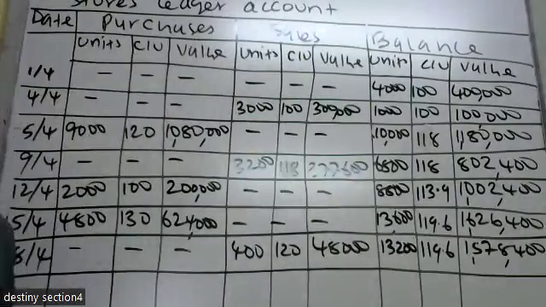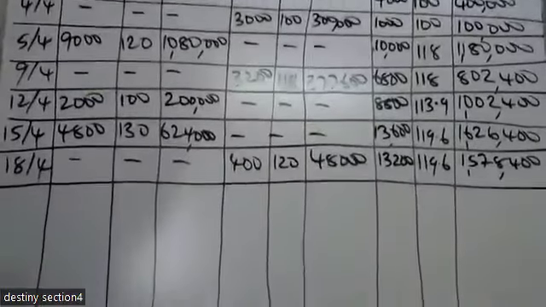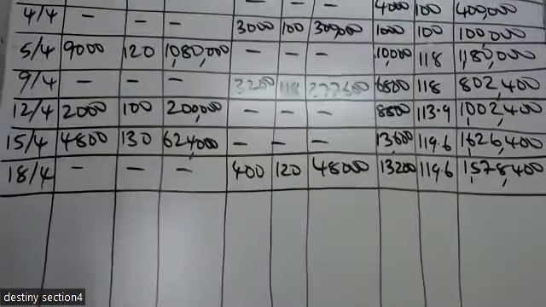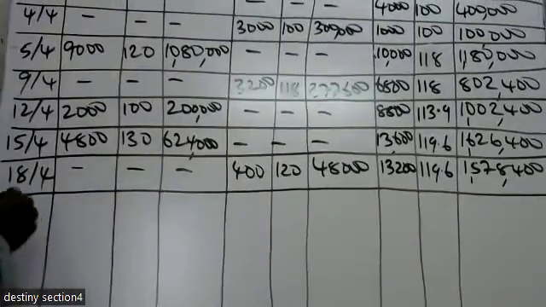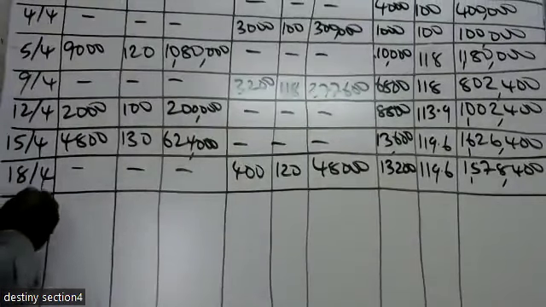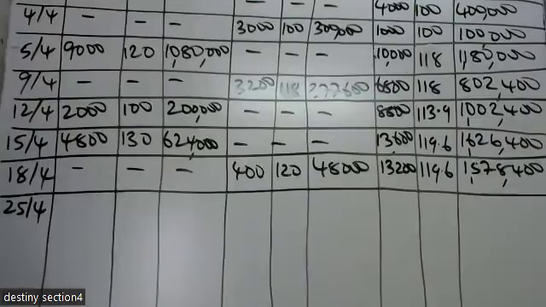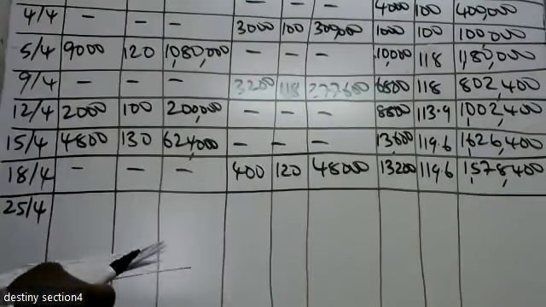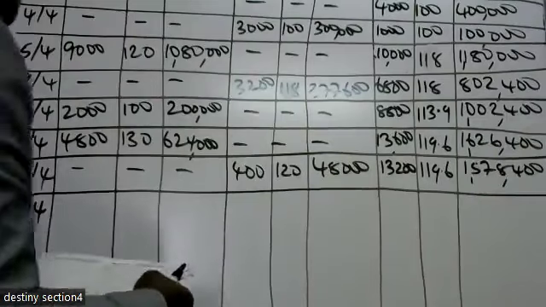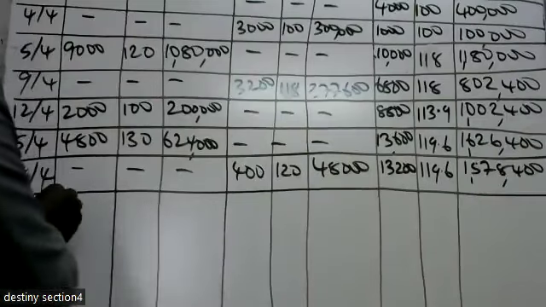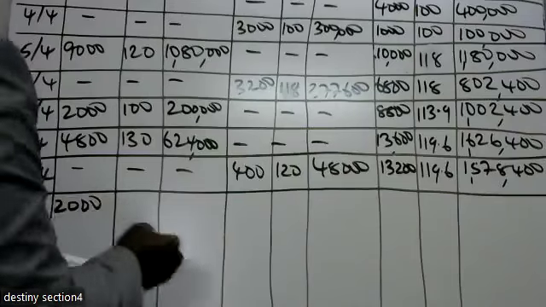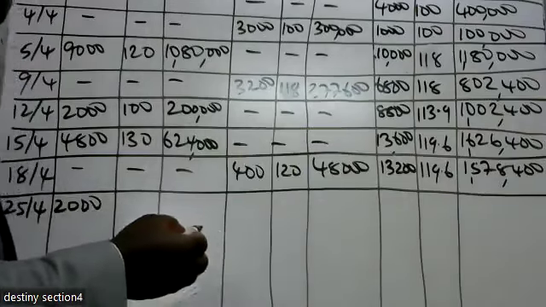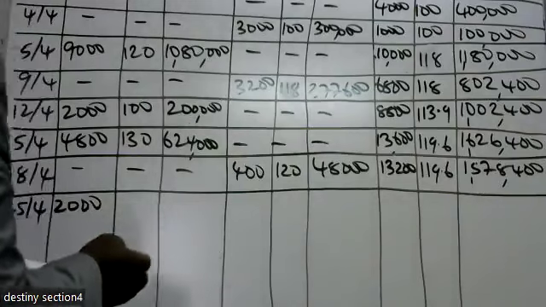We go to the next date. When is the next date? The 25th. So we go to the 25th. What happened on the 25th? They purchased 2,000 units at 100.